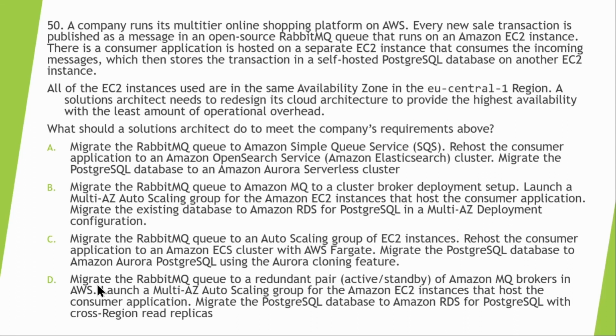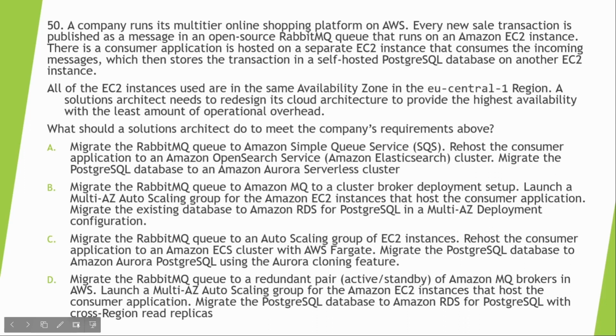Next, migrate the RabbitMQ to a redundant pair, active standby, of MQ brokers in AWS, launch a multi-AZ auto-scaling group for the EC2 instances that host the consumer application, and migrate the PostgreSQL database to RDS for PostgreSQL with cross-region read replicas. Why is this incorrect?